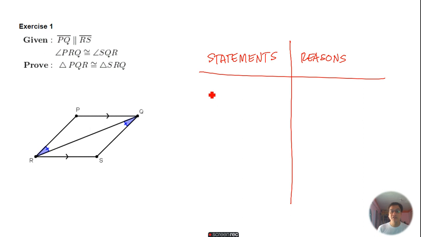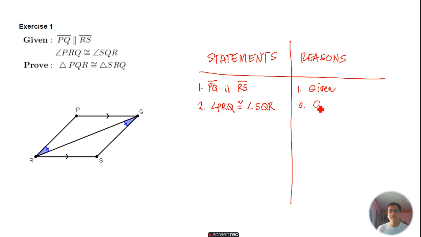So again, the first step that we do is to write the given. So side PQ is parallel to side RS. Our reason there is given. Next, angle PRQ is congruent to angle SQR.